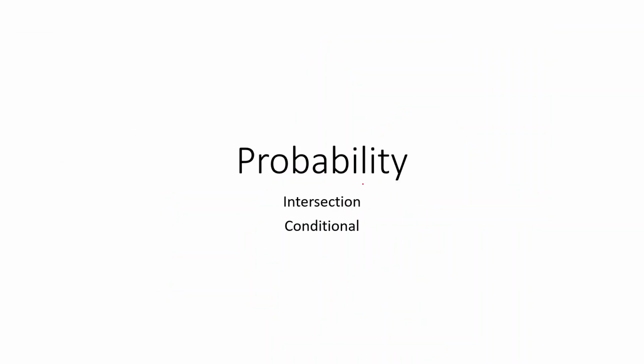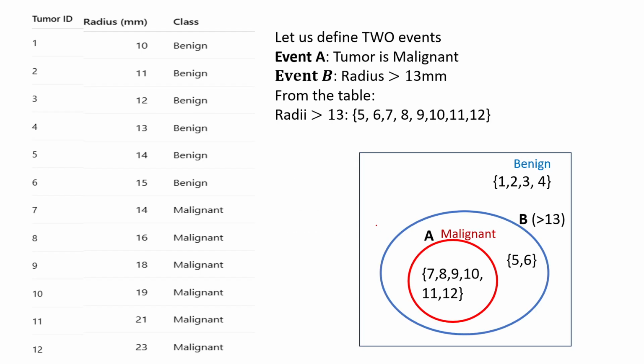Now, to recollect, we will have to understand the probability concepts with respect to the intersection and the conditional, because the Bayes theorem is based on conditional probability. Therefore, we will understand this with the example and then proceed with the Bayes theorem. We will take the same example, the benign and the malignant case, and we will take two events.